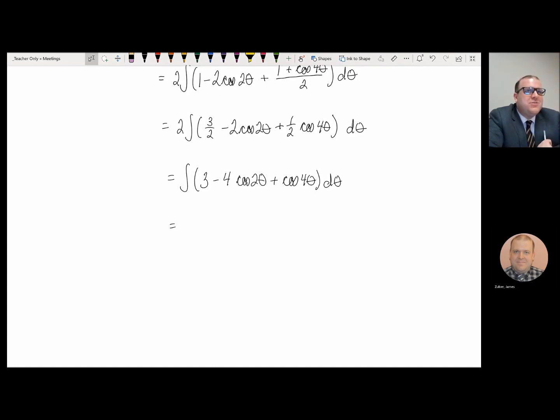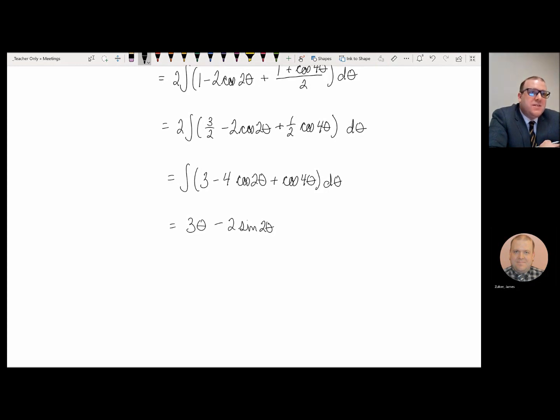So what is that antiderivative? Go term by term. What's the first term of our antiderivative? What is it? 3 theta. What's the second term? What's the third term? What is it?